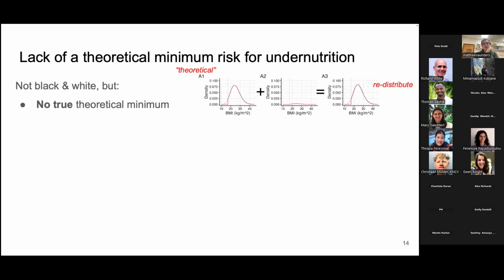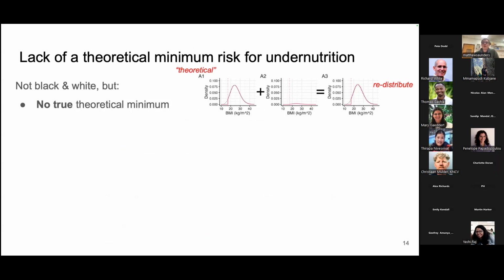So I think this is probably going to be the most interesting, and I'll just go through this quite slowly to try to illustrate what we did. So as Pete was saying, the main challenge with nutritional status that we have is that there is no true theoretical minimum risk. There's no agreed optimum BMI distribution in a population.